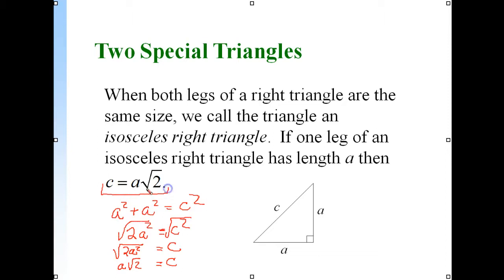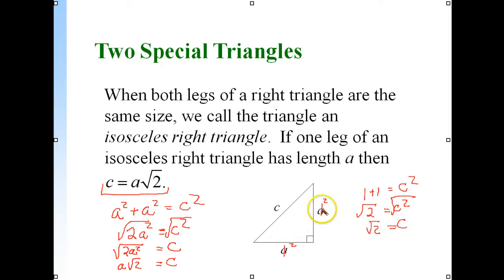Now this is sort of famous that if this side is 1, this side is 1, then you get 1 squared plus 1 squared is 2. So this squared plus this squared is 2 equals C squared. Take the square root of both sides, you get C equals the square root of 2.